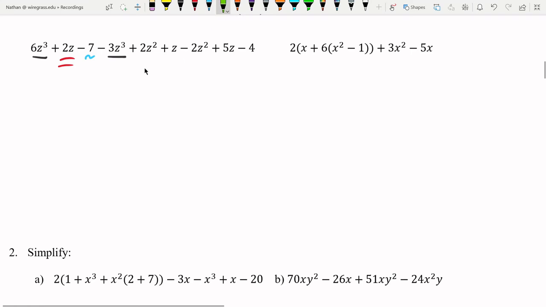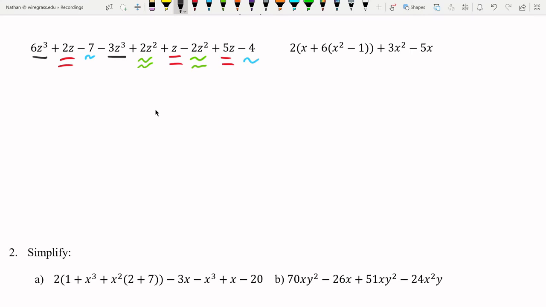Z squared, I can do it with green here. I can do double squiggly line like that. Then I have z, so red. Z squared, that's green squiggly. Then z is red. And finally, the last one is the blue squiggly.